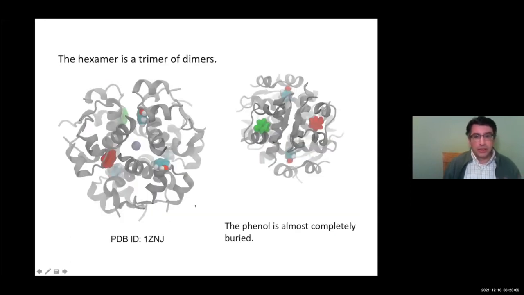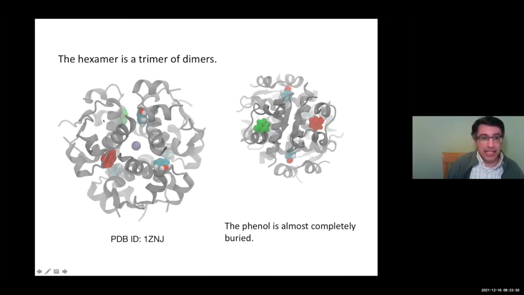Okay, just to orient you, like I said, Beeman introduced insulin in the previous session. He was looking at the dimer that you can see on the right, with this characteristic anti-parallel beta strand at the dimer interface. The hexamer you can think of as a trimer of dimers.